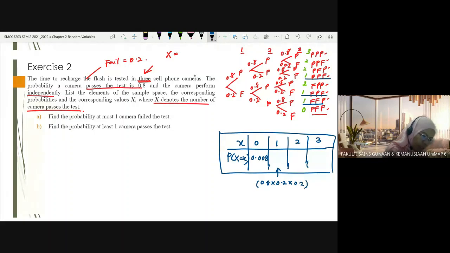How many times? 3 times, right? Plus 0.2 times 0.8 times 0.2, plus 0.2 times 0.2 times 0.8.